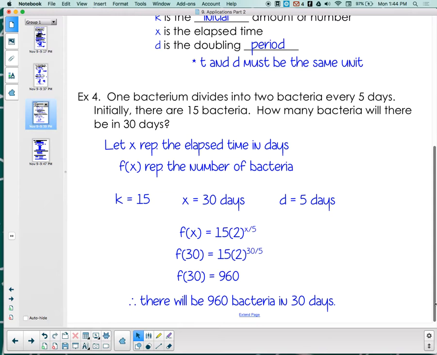That's not right. Remember, BEDMAS tells you do the exponent first, then multiply. So you should be calculating 2 to the power of 6, which is 64, and then multiplying by 15. Or you should just use your calculator properly, because if you just type it in your calculator, it should be a no-brainer.